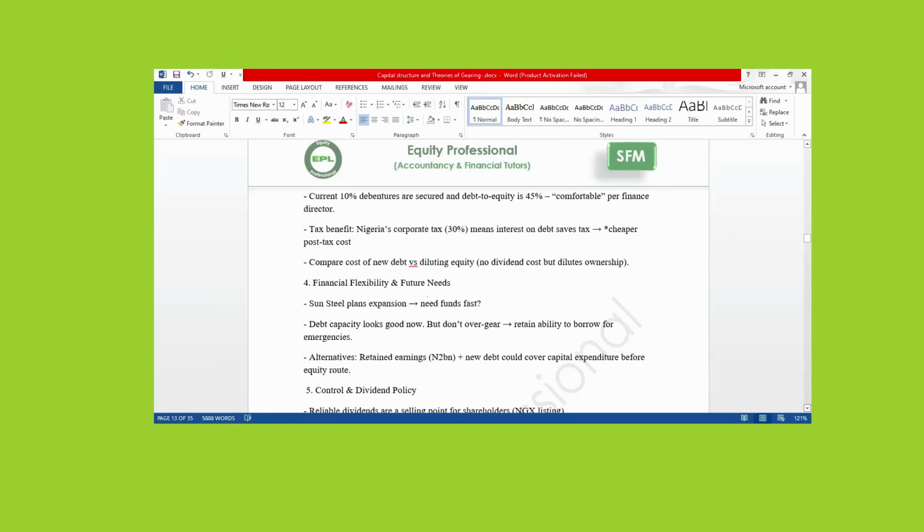You can easily use borrowing to meet emergency. Equity cannot be used for emergency purposes. So the company should create financial flexibility.